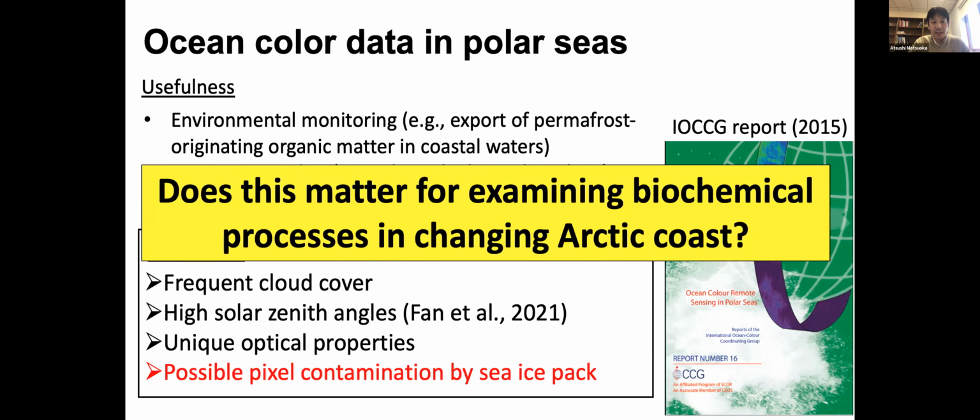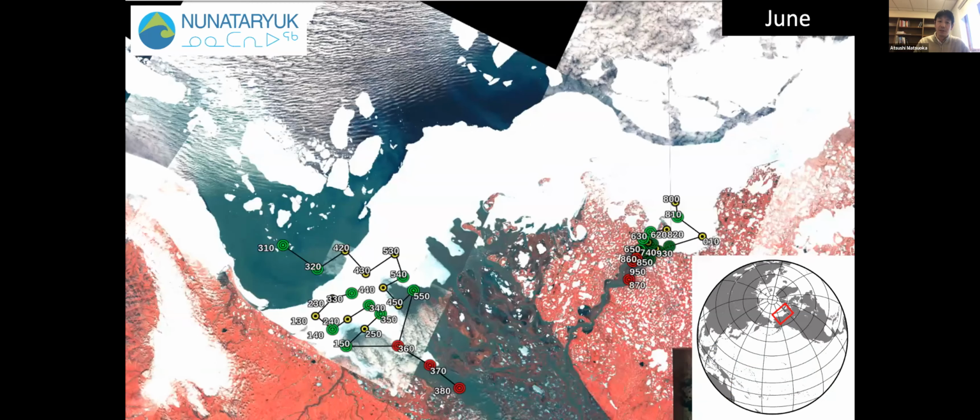The question is, does this matter for examining biogeochemical processes in the changing Arctic coast? My short answer is yes. I'm showing you an example of a composite image using Landsat 8 during June when the spring freshet occurred in the Mackenzie Delta, overlaid with sampling stations taken during the Nunavut field campaign 2019.